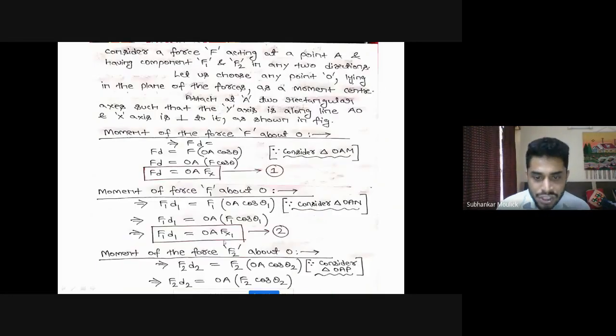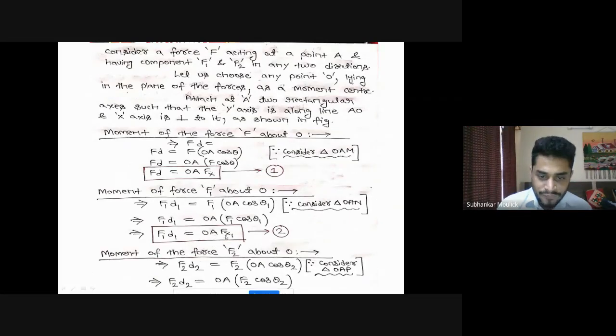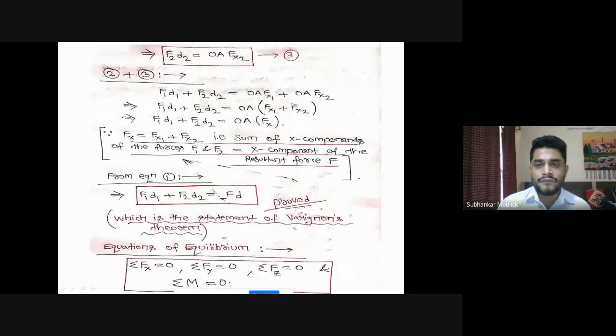So we add equations 2 and 3, that is what the statement says. Adding, F1 D1 plus F2 D2 is equal to OA Fx1 plus OA Fx2. You can take OA common, so the equation becomes F1 D1 plus F2 D2 equals OA in bracket Fx1 plus Fx2.